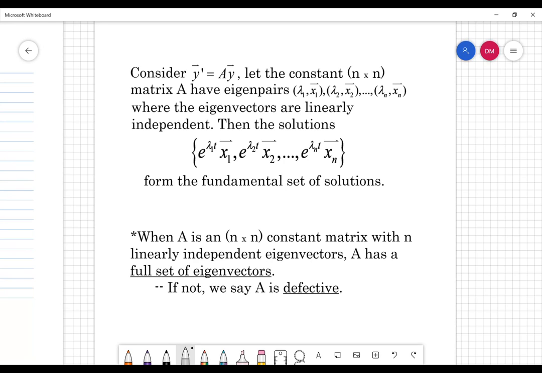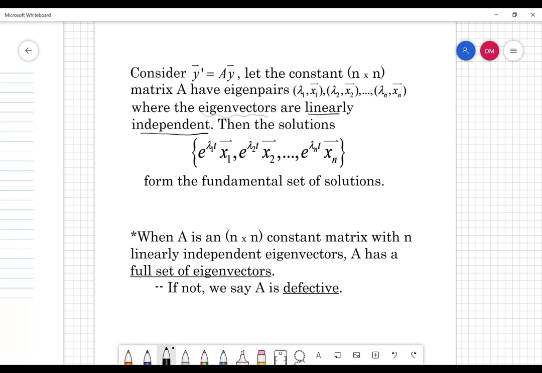Our matrix is n by n, and so we should have n eigenpairs. Now, what we are looking for, and I mentioned this yesterday, is we want our eigenvectors to be what we call linearly independent. I did not use that terminology yesterday, so let's talk about that.